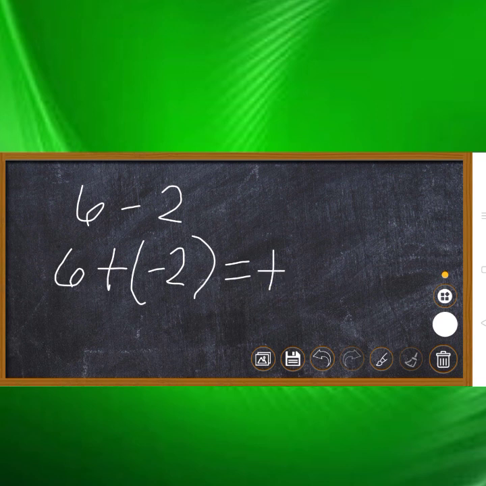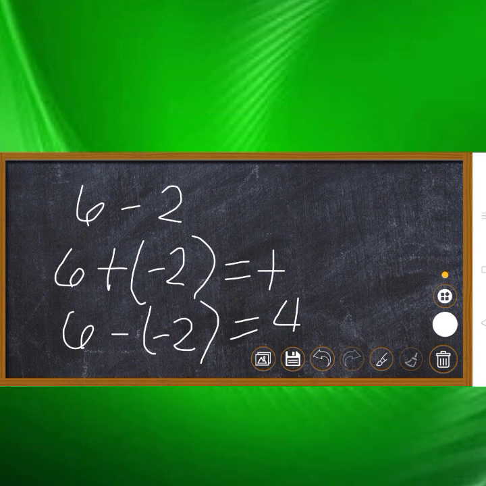And then subtract. Positive 6 minus 2 equals positive 4. So that's the answer, positive 4.